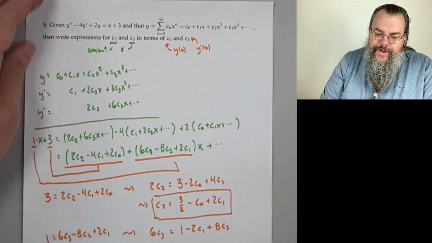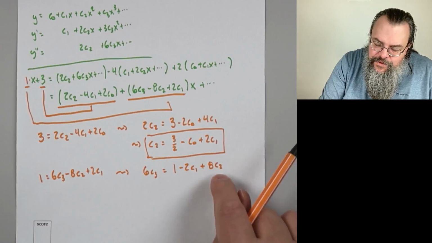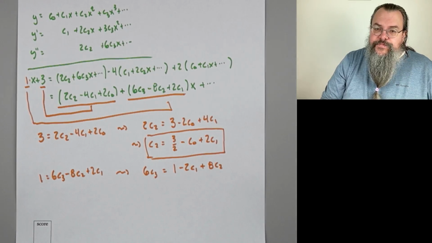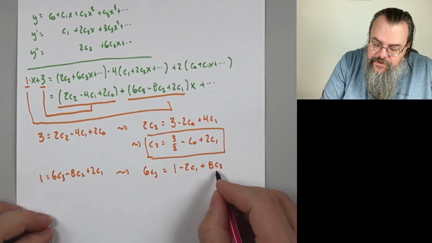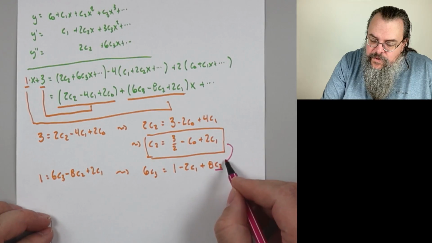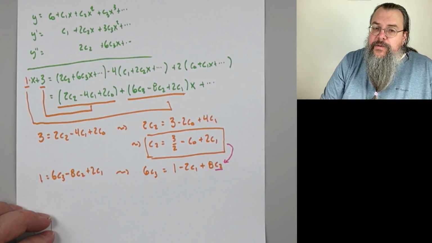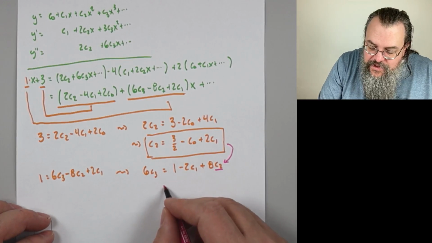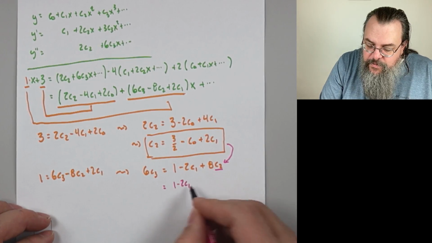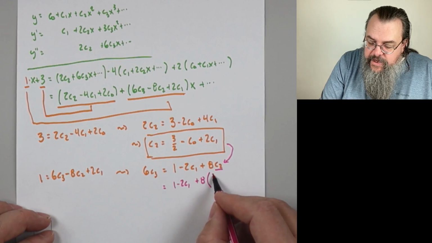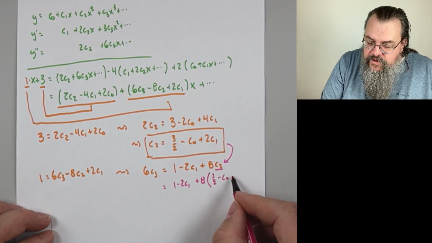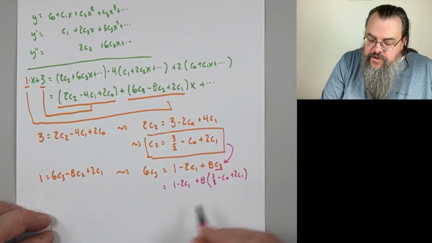So that says we have to do something about that c2. So what can we do? Well, the good news is we know something about c2. We can use the piece of information above. So this is 1 minus 2c1 plus 8 times 3 halves minus c0 plus 2c1.